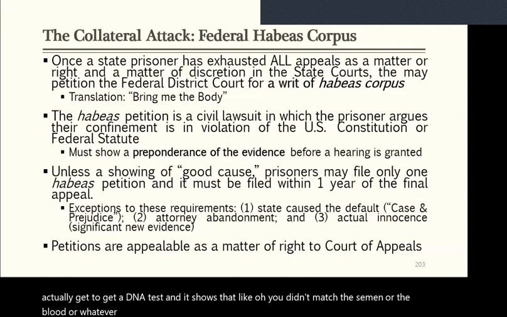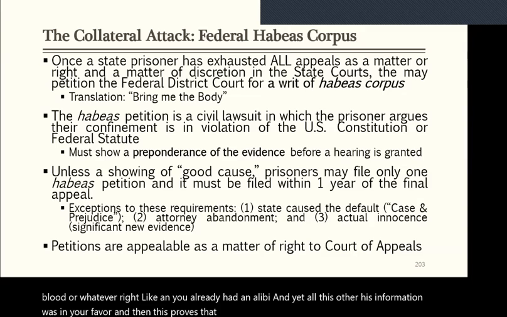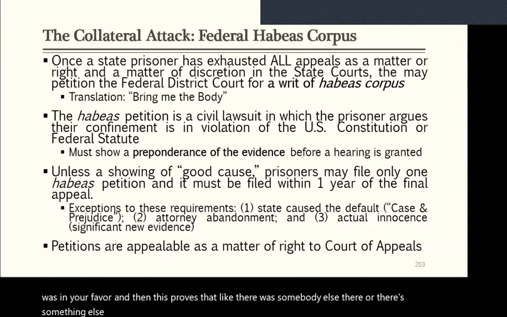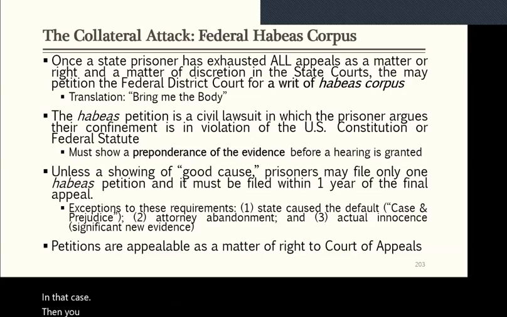And you already had an alibi and all this other information in your favor, and then this proves that there was somebody else there, or somebody else maybe who committed the crime, whatever it is. In that case, then you can file a writ of habeas corpus, right?